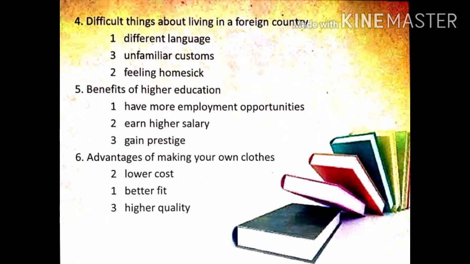One thing is a different language, another thing is feeling homesick, and the last thing is unfamiliar customs. Number 5, benefits of higher education. The first, have more employment opportunities. The second, earn a higher salary. And the third, gain prestige.